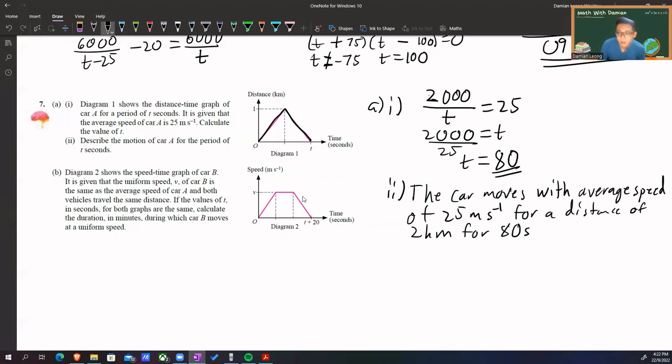Then part B. Diagram 2 shows the speed against time graph for car B. It's given that uniform speed V of car B is the same as the average speed of car A, and both vehicles travel the same distance.